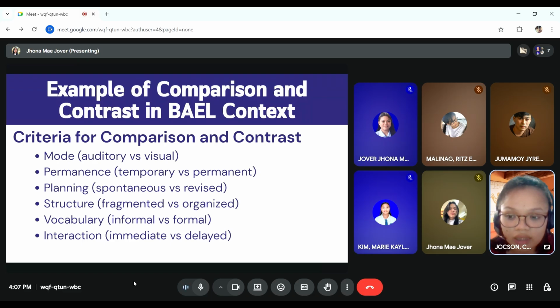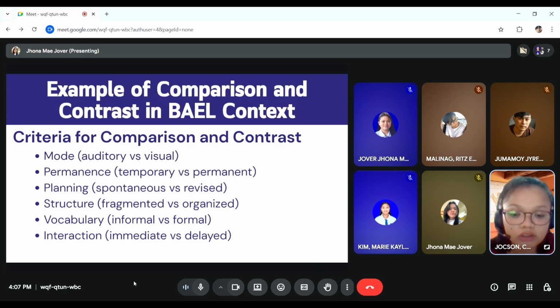And each of these has two different categories for spoken and written. So that is audio versus visual for mode, temporary versus permanent for permanence, spontaneous versus revised for planning, fragmented versus organized for structure, informal versus formal for vocabulary, and immediate versus delayed for interaction.